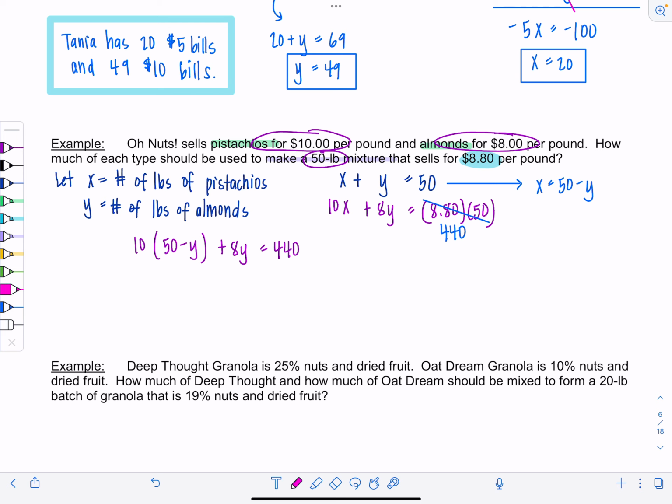All right, now we'll distribute. So 500 minus 10y plus 8y is 440.